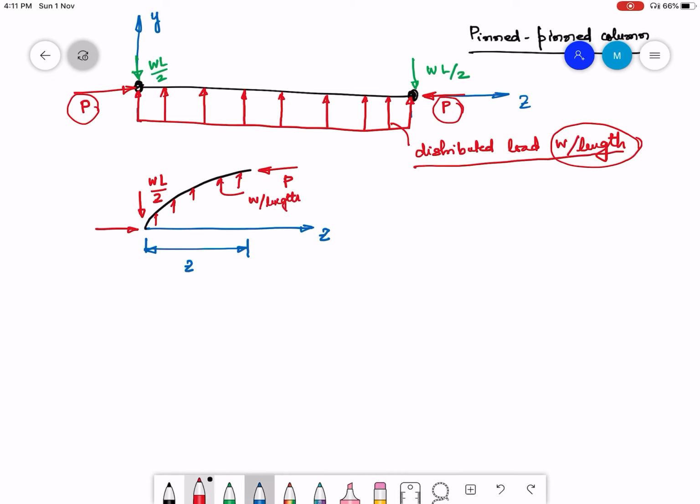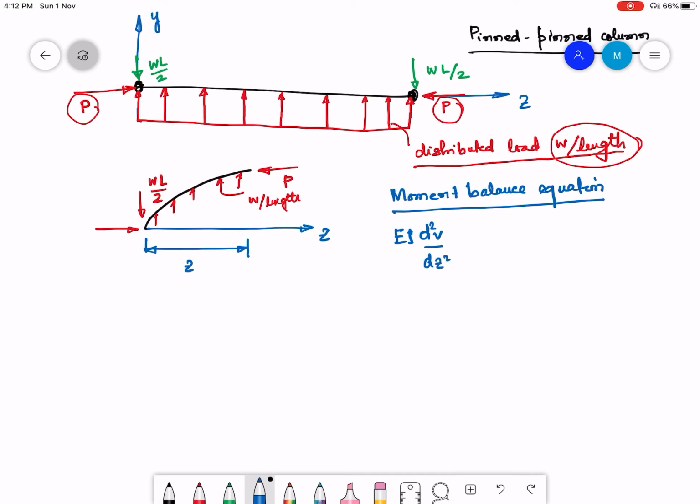Now if I write down the moment balance equation, the moment because of the deflection is EI d2v by dz square, where v is the deflection at any z, v of z.